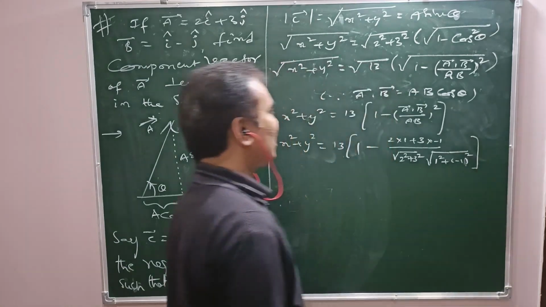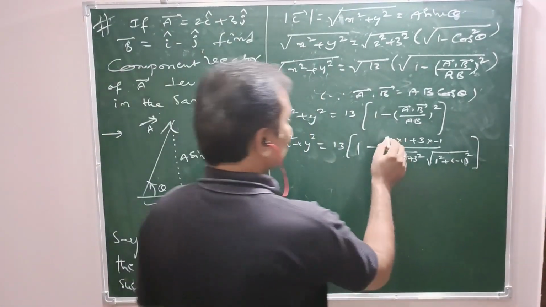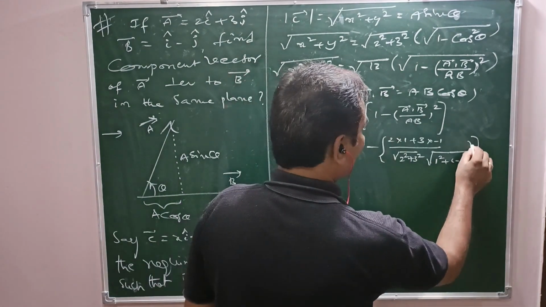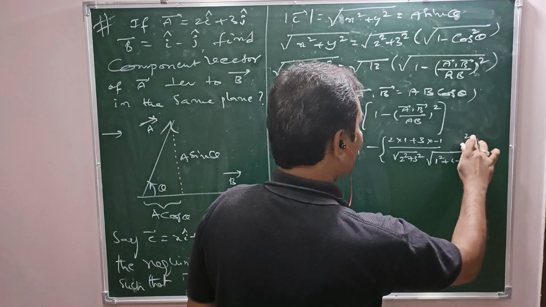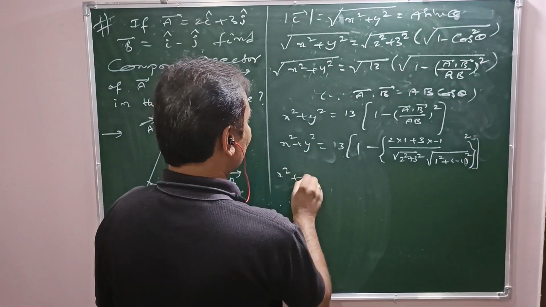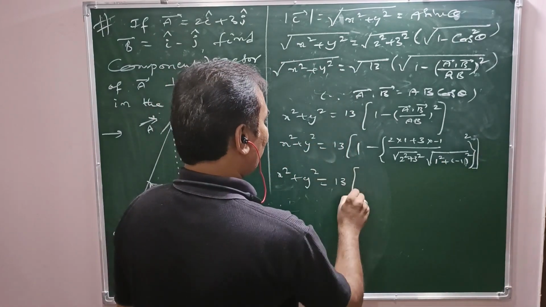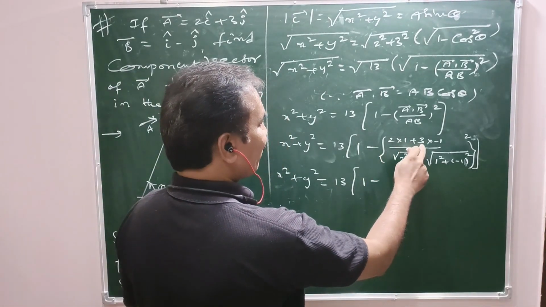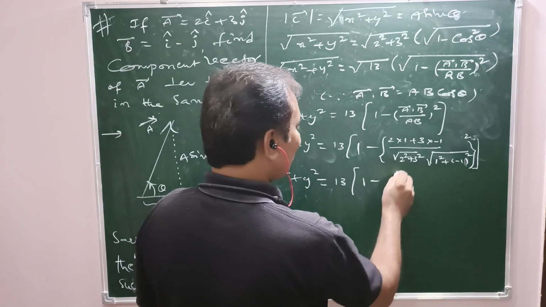Whole square is there. That is, x square plus y square equals 13 into 1 minus, see, 2 minus 3 means minus 1. Minus 1 square means 1.